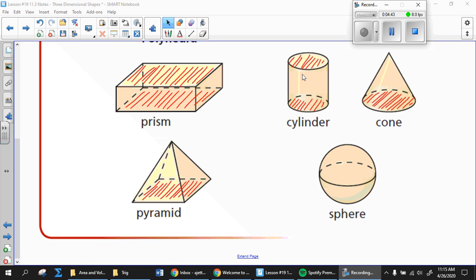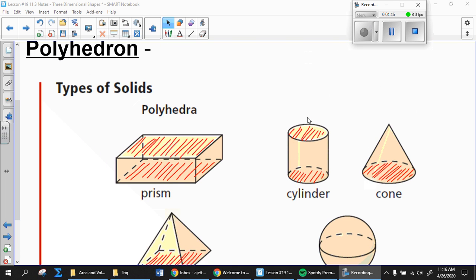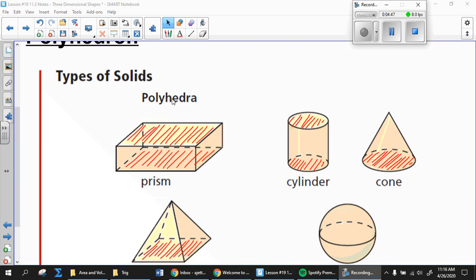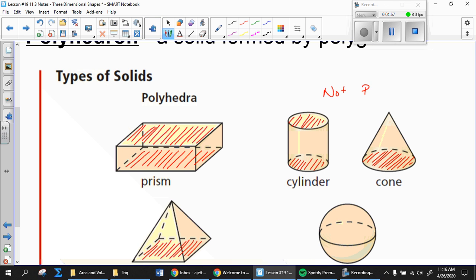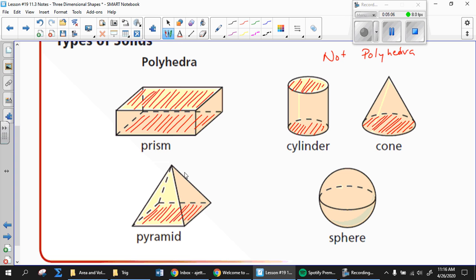So those are the different types of solids that we have, and since these are made up of circles, these are not going to be polyhedra. So we have polyhedra, which are prisms and pyramids, and then cylinders, cones, and spheres are not.